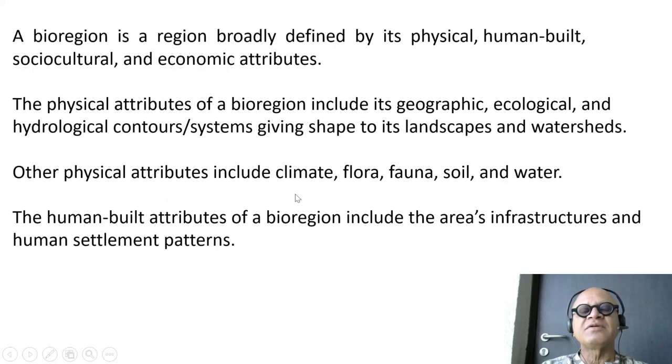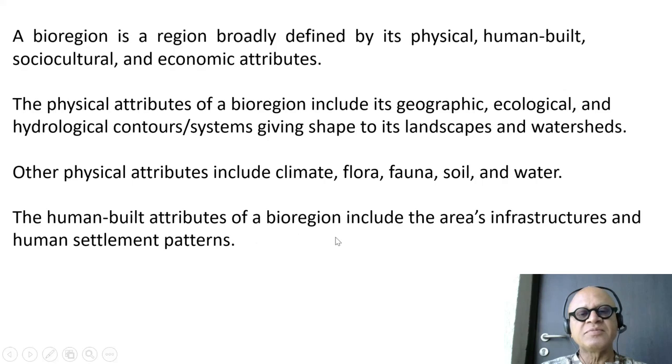Other physical attributes now include climate, flora, fauna, soil, and water. Right? So there are often natural vegetation, as we called, and working lands. And working lands would have evolved over time by modifying the natural lands, like deforestation or grazing lands, pastures, and so on. Human-built attributes also reside on top of those.